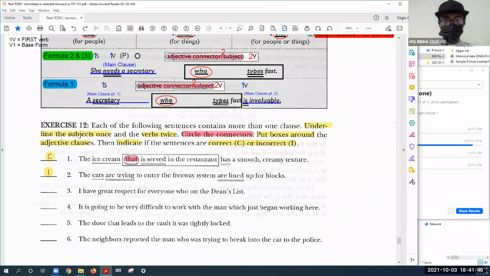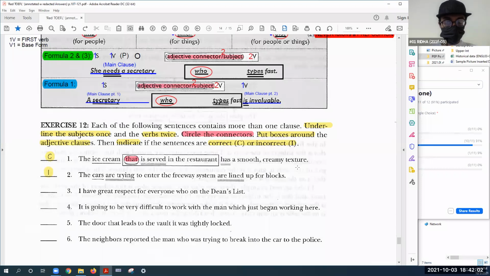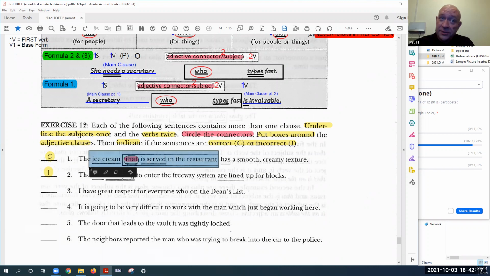And then, that is the connector and the subject at the same time. It's the second subject. Is served is the second verb. So you have the subject, first verb, and it's separated because we have the adjective clause in the middle. It describes the ice cream. Which ice cream? The ice cream that is served in the restaurant.